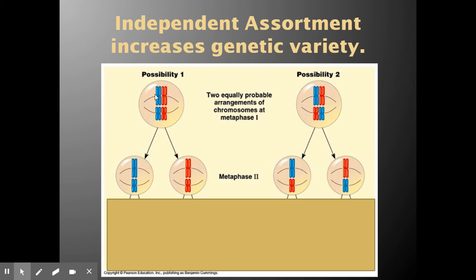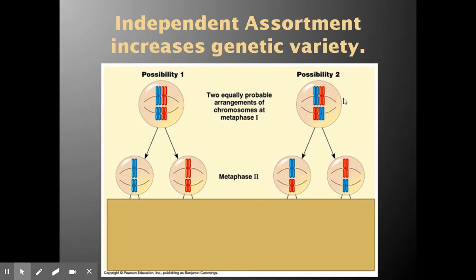Okay, we could have the paternal sides lining up together on one side compared to the maternal side, and they look like this. Or we could have another possibility, possibility 2, where the paternal and maternal line up mixed up, where one color of each is on each side, which will get us two different possibilities.